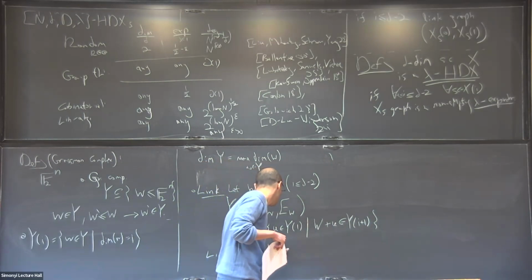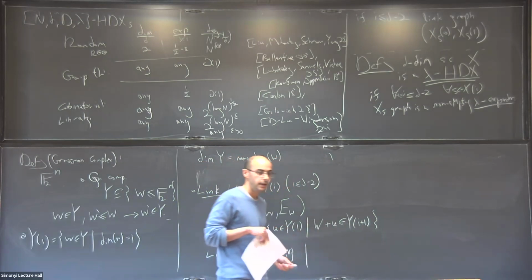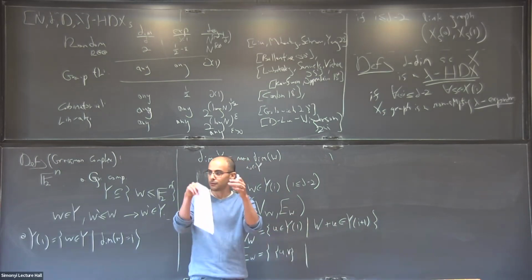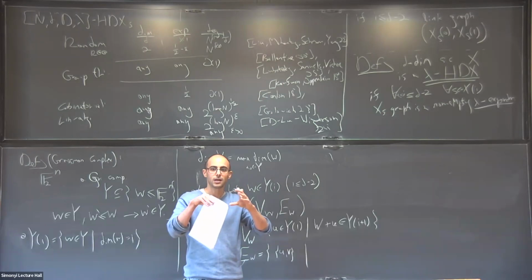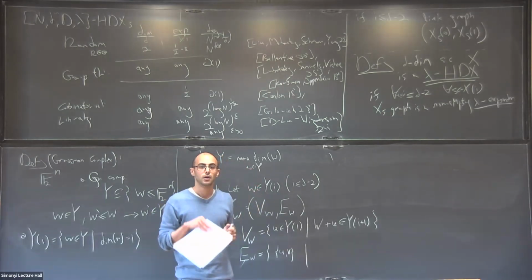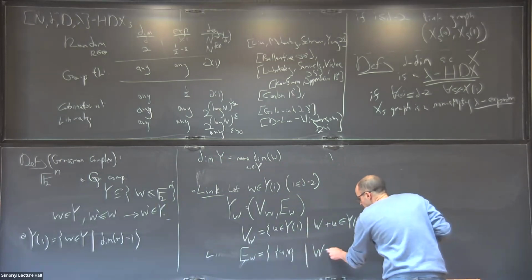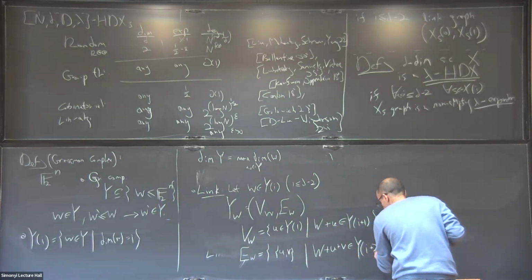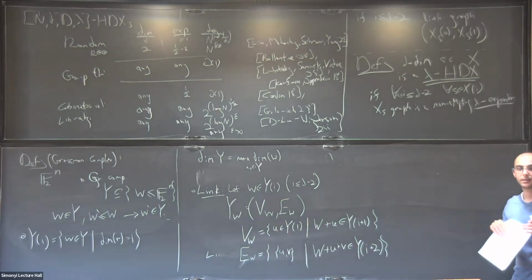And what will be the edges? So the edges will be pairs of lines. And now, what are edges in links of a simplicial complex? They're pairs of vertices, which together with my given subset give you something that has size 2 more. So this time, I want pairs of lines so that together with my subset W, give me a subspace that has dimension 2 more.